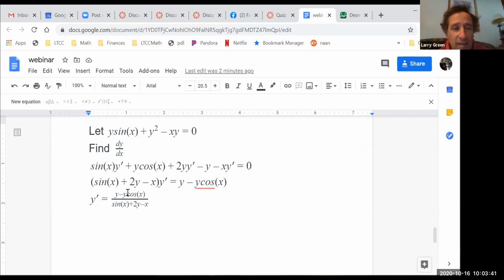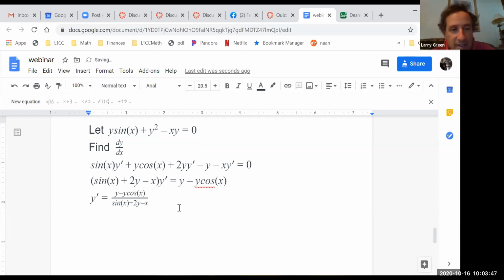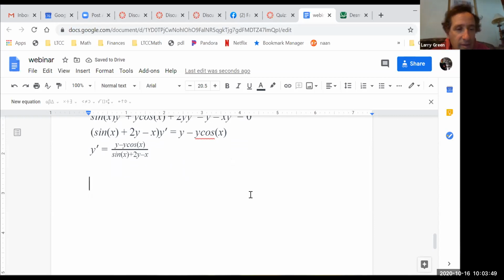Okay, so now I want to do another example, but I'm going to have a slightly different question. We'll start out with, let me write down an implicitly defined function.